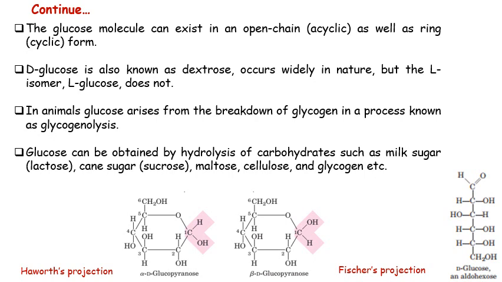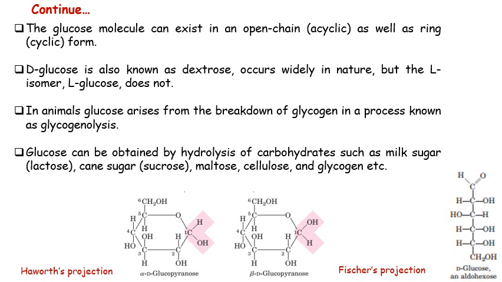In animals, glucose arises from the breakdown of glycogen, called glycogenolysis. Glucose can also be obtained by hydrolysis of carbohydrates such as lactose (milk sugar), sucrose (cane sugar), maltose, cellulose, and glycogen. After hydrolysis of these complex sugar molecules, we can get glucose.